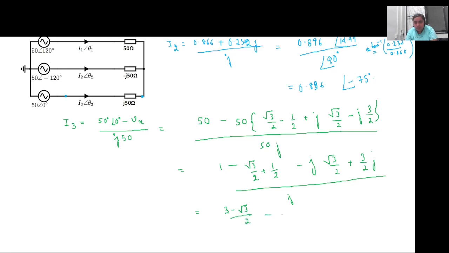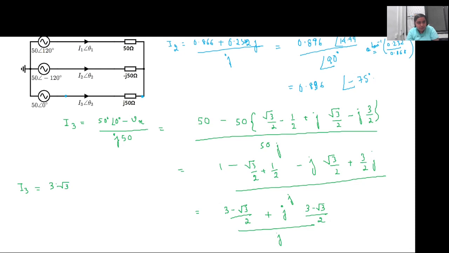And if we club the imaginary part, it is j into 3 minus root 3 by 2, right? And in the denominator it is j. So let's extract. So I3 is equal to 3 minus root 3 by 2.